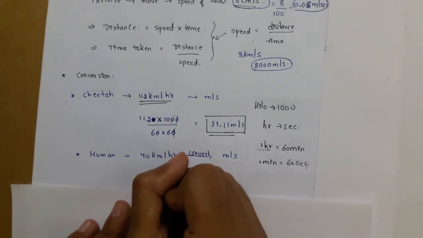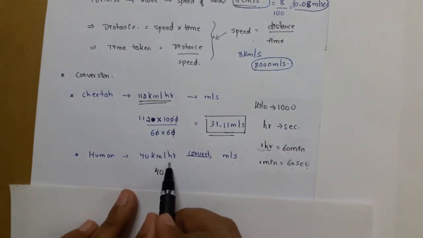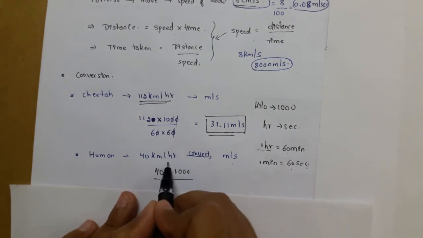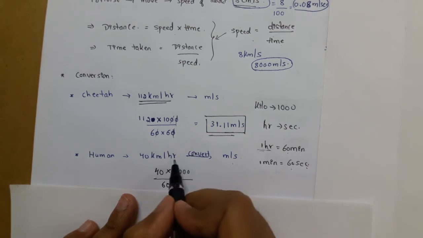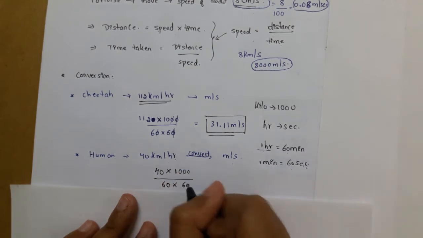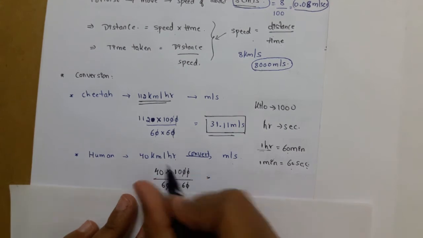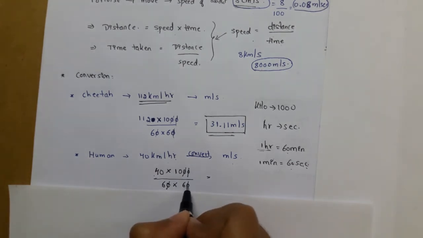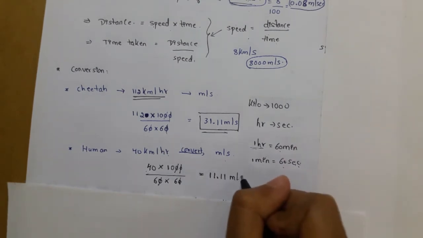So 40 kilometers converted into meters, kilo means 1000, divided by an hour, which is 60 minutes, and 1 minute is 60 seconds, that is 60 into 60. So cancel a 10, another 0, multiply the remaining terms and divide, and we get 11.11 meter per second.